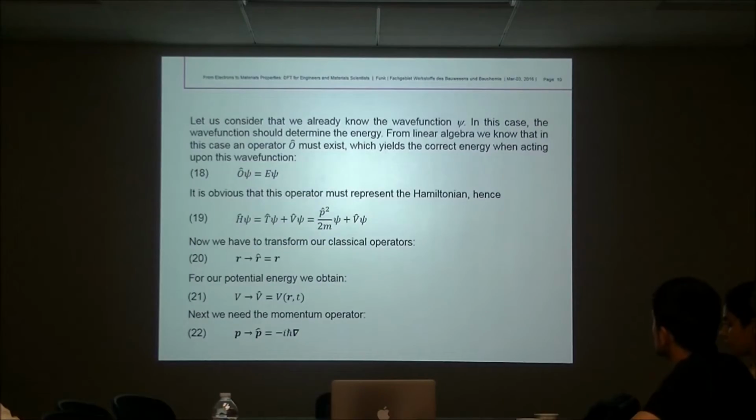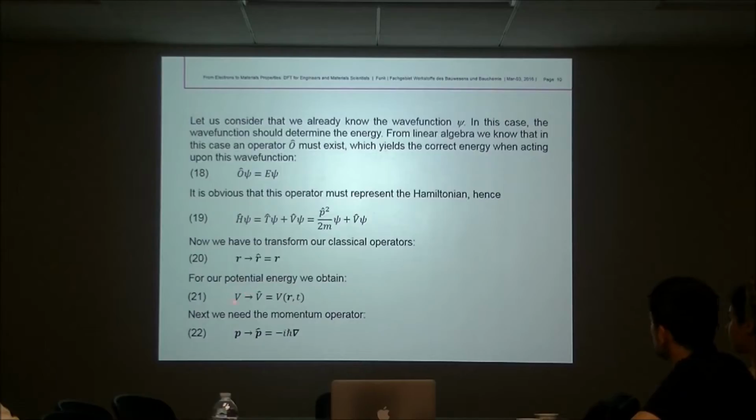Coming from a classical world, we need to find good descriptions for our operators. Well, the coordinate operator is the same as the coordinate. The same counts for time. So even if you're in space-time, this works pretty fine.